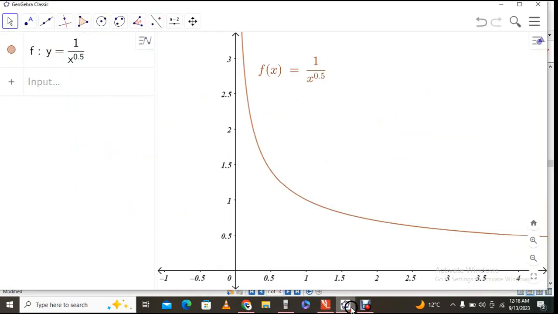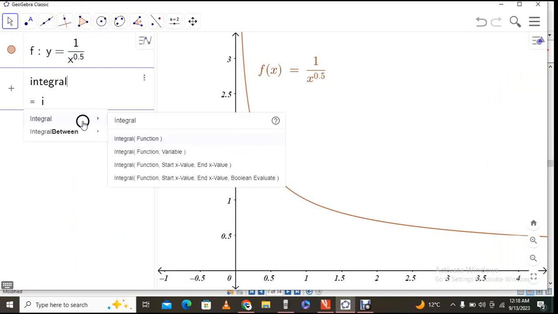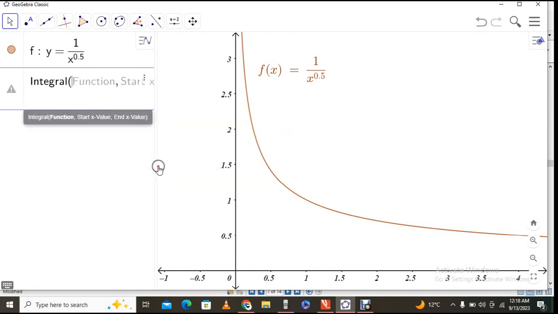I just want to go back to my curve. We're basically looking for that area. Since I know that x cannot equal 0, I'm going to choose the integral option that gives me the function as well as a start value and an end value.